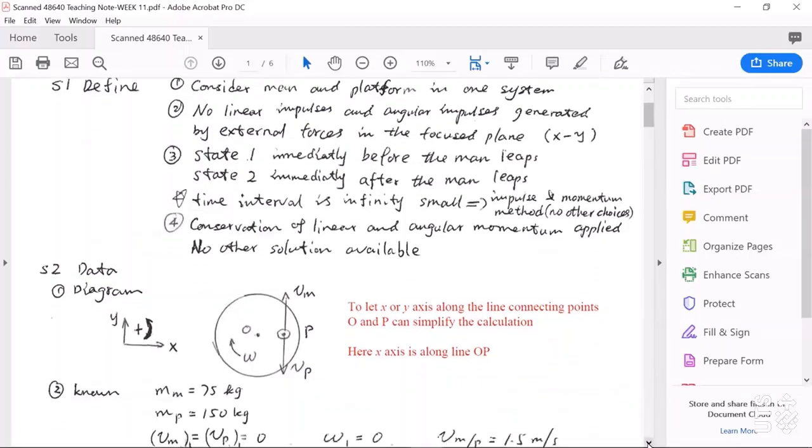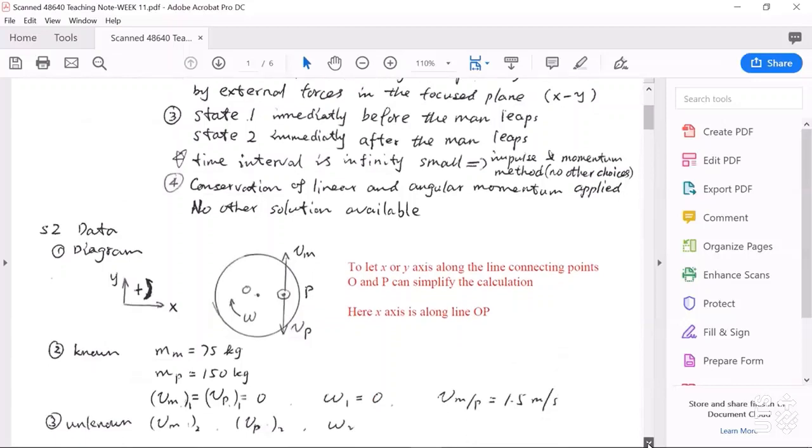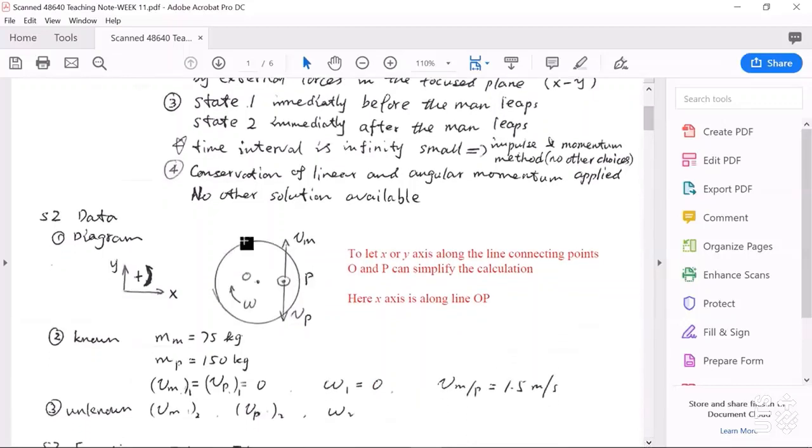Okay, now the diagram. That's the top view of this platform and the man. This is the XY plane. We can define a coordinate system X, Y, and we can define counterclockwise as the positive rotation direction.